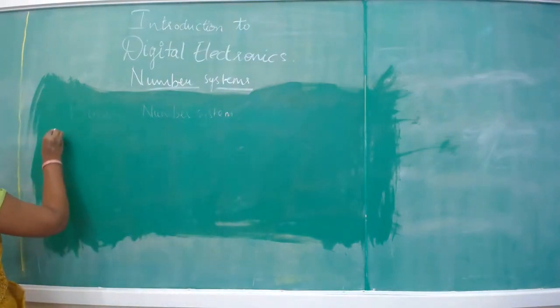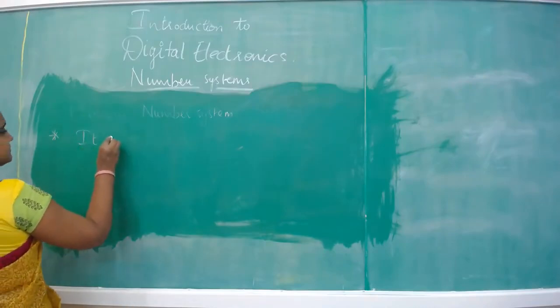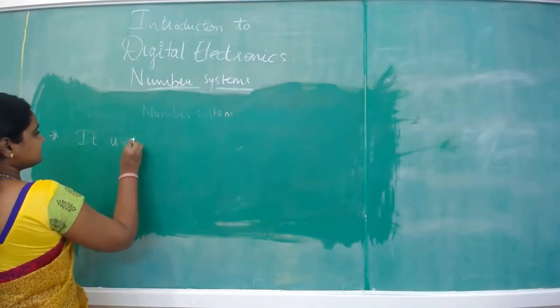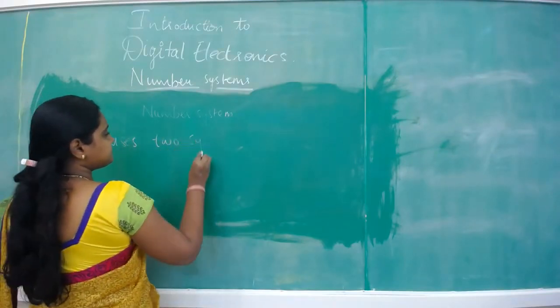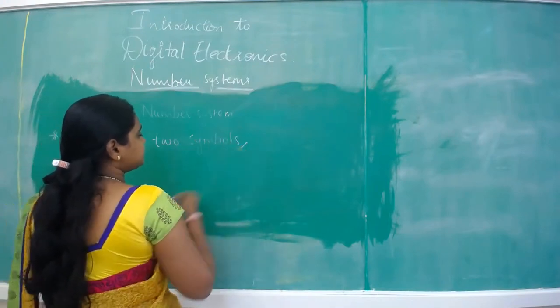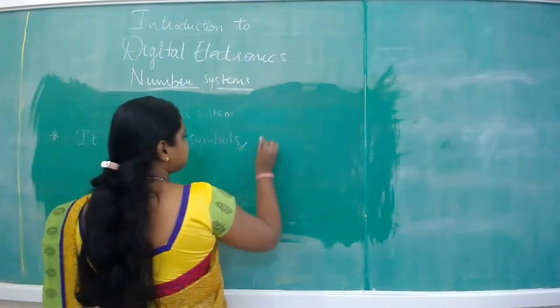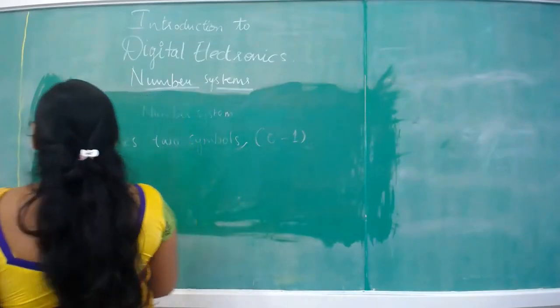First thing you need to know here, it uses two symbols. And the two symbols are 0 and 1.